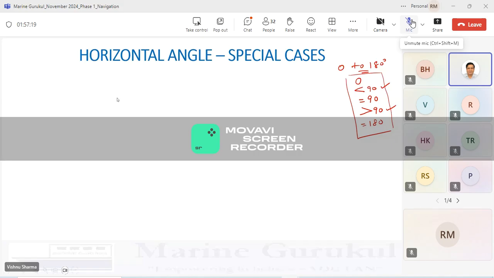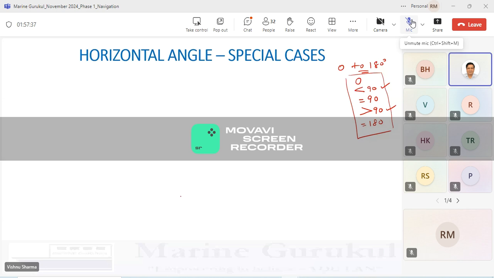Guys, in our schools, we have been taught that the angle subtended by a diameter of the circle is how much? How much is the angle subtended by the diameter of a circle on the circumference? Anybody?